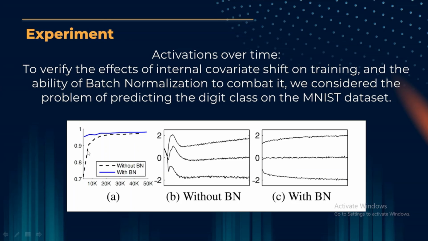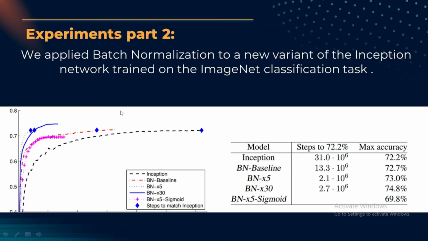Here we have a nonlinear outline, as you can see, and with batch normalization it's very straight. So we applied batch normalization to a new variant of the Inception network trained on the ImageNet classification task. And its max accuracy is 72.2%, which is the max accuracy for the Inception here.